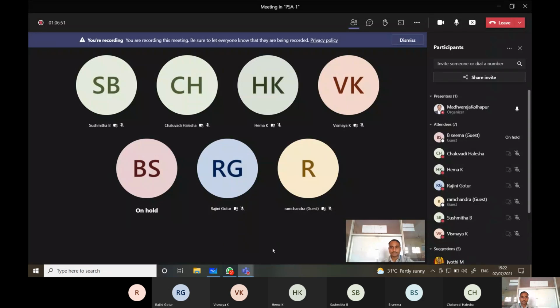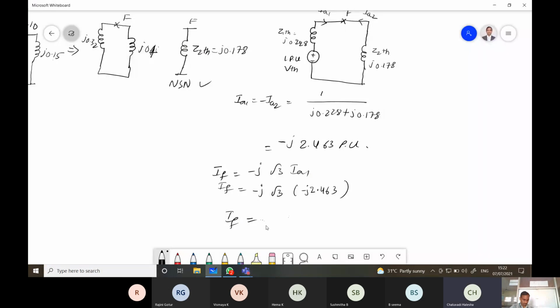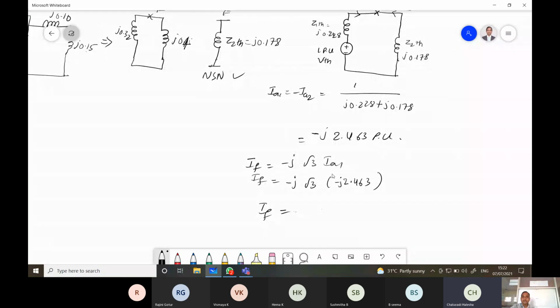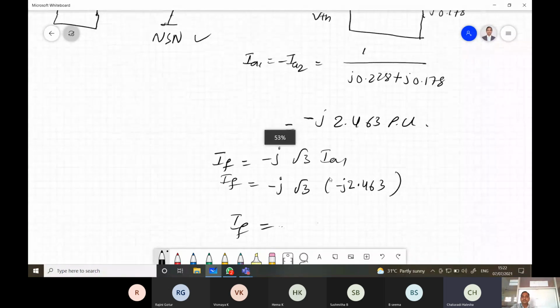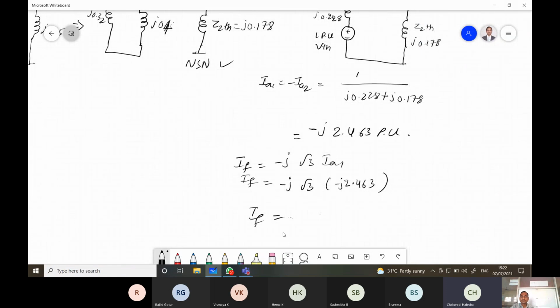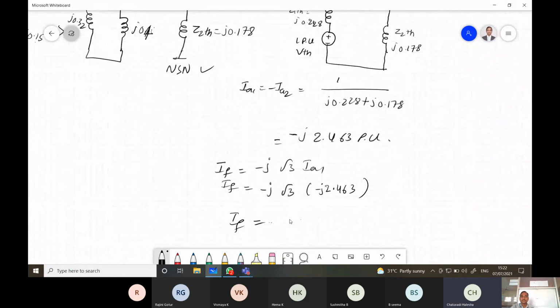Alesh? Sir, screen is not visible properly, sir. Network problem, sir. Now it is visible, sir. Vismaya? Sir, 4.2660, sir.